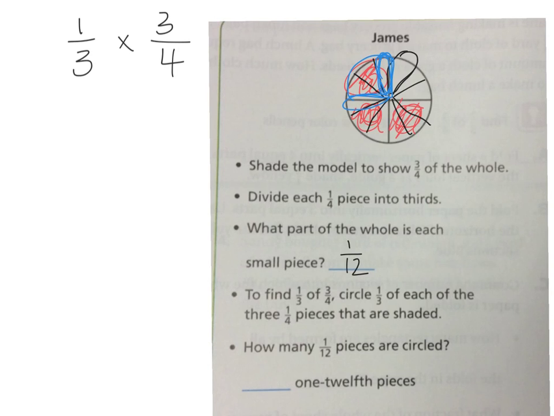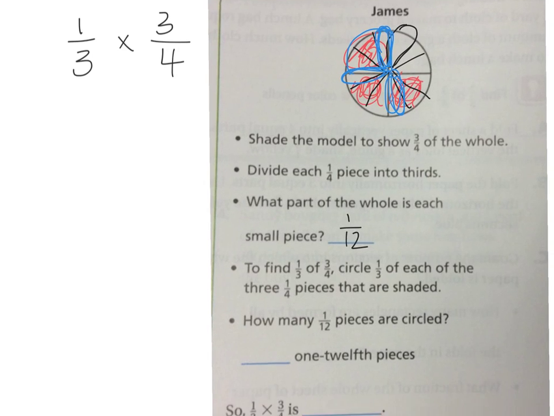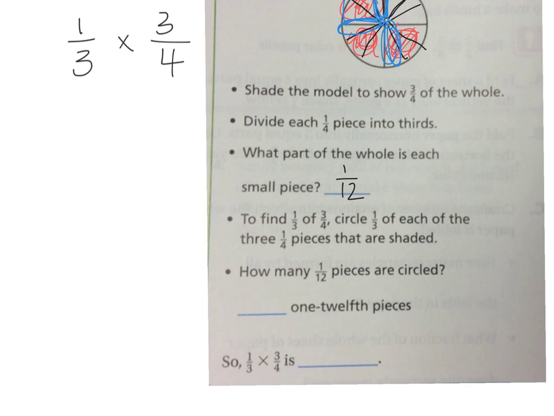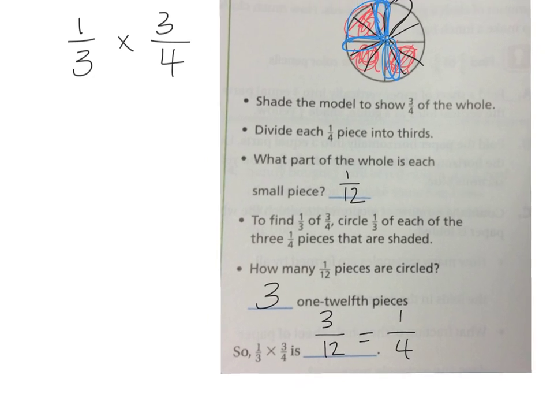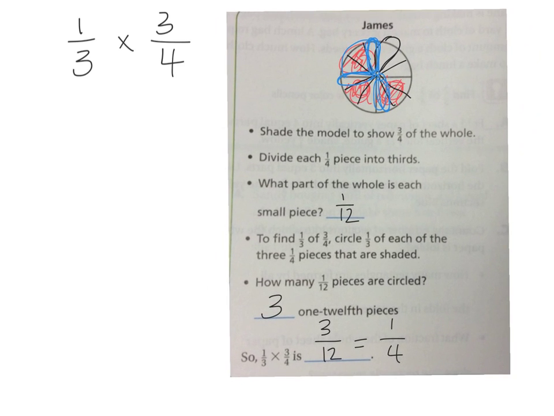And then we'll circle one of these thirds and one of these thirds. So how many of those 12th size pieces did we circle? 3. So we circled 3 1/12 pieces. So 1/3 times 3/4 is 3/12, otherwise known as 1/4.